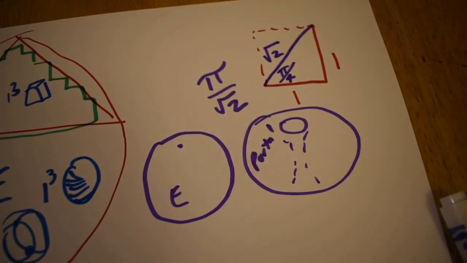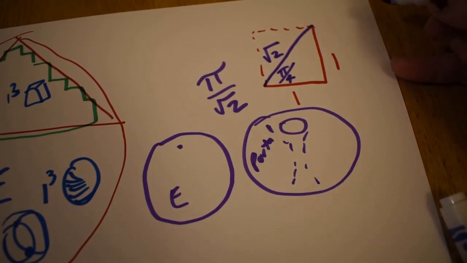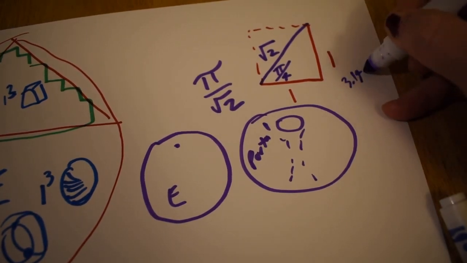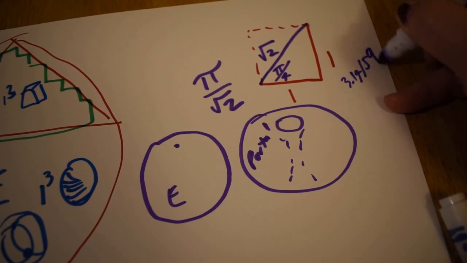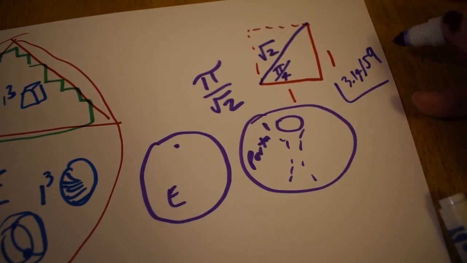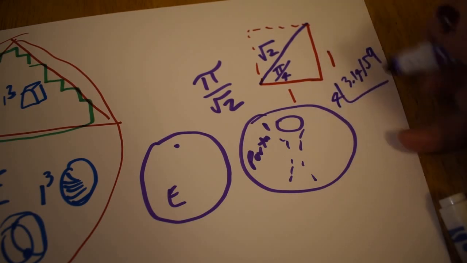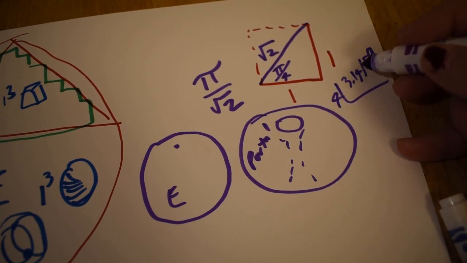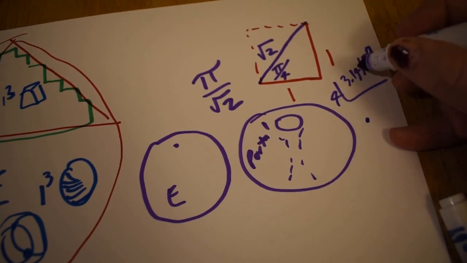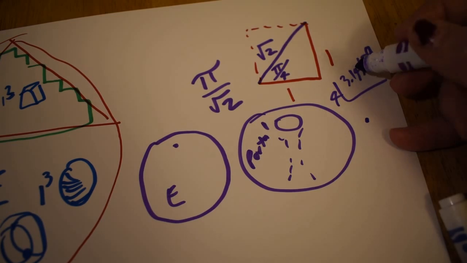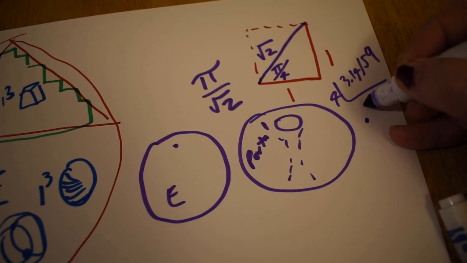So pi over 4, 3.14159 over 4, it's like almost 0.8.